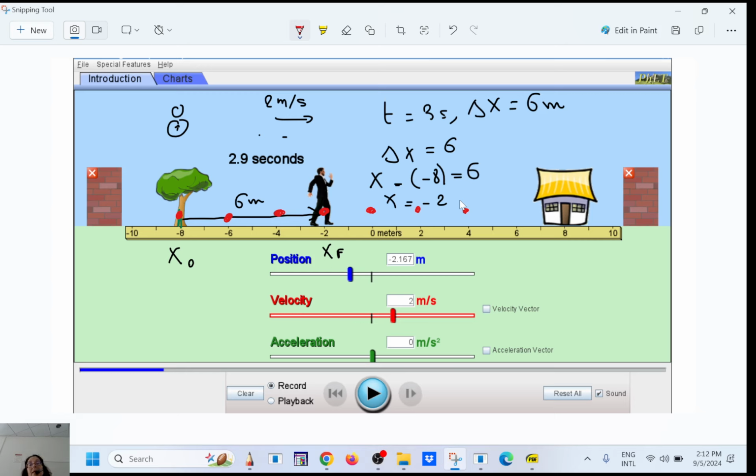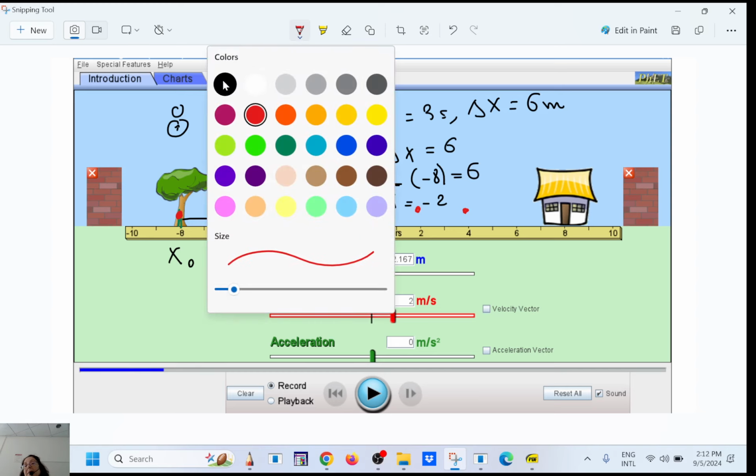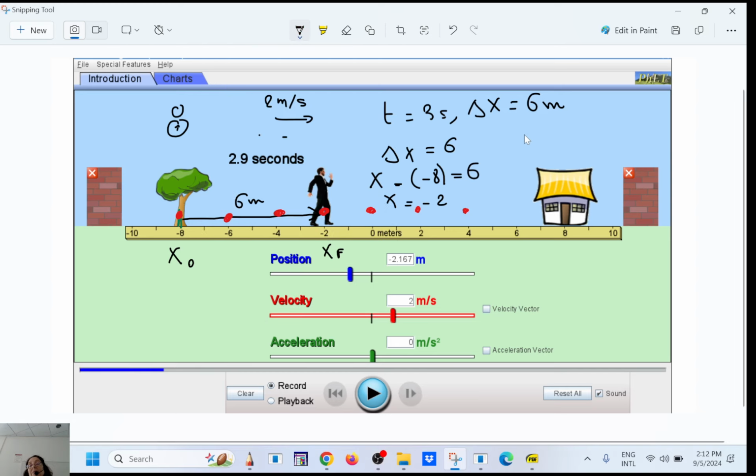Okay, so now let's find the kinematics equation for the position. So x, the final position, equals what? What you're starting with. Very good. -8 plus what? 2 plus 2 plus 2, so 2 times t.